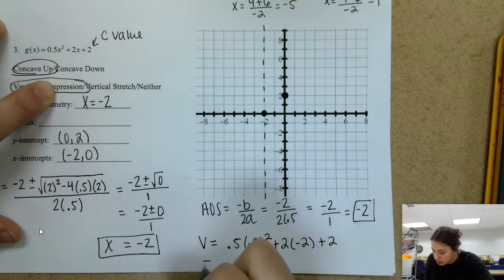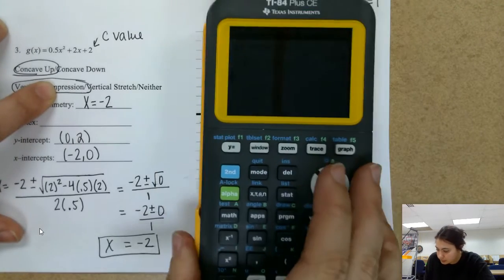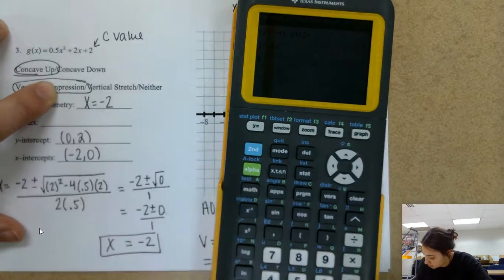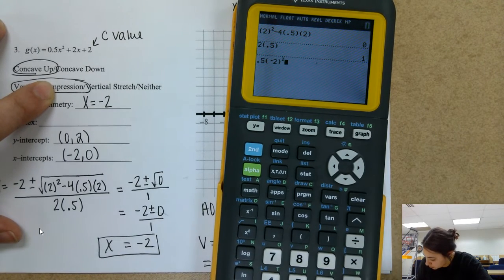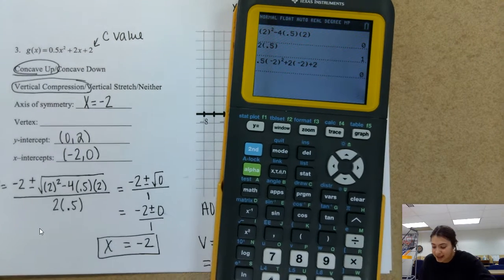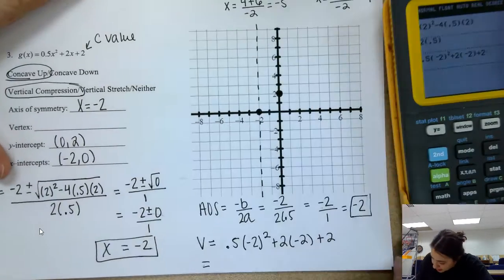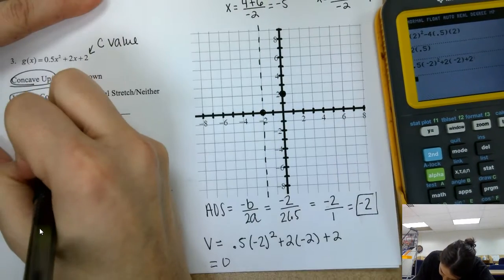If we plug that into our calculator, boom, we get 0, and that works. So our vertex is (-2, 0).